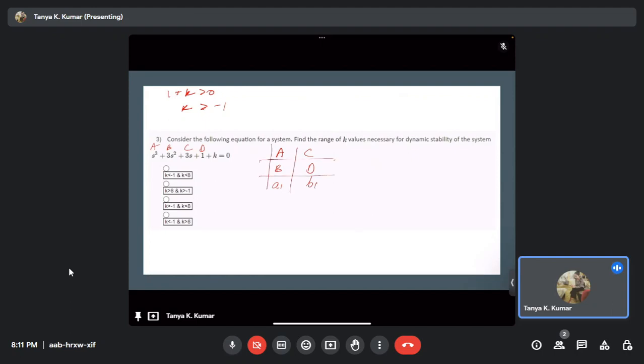So a and b already are positive. You have to find out a1 and make sure a1 is positive. What is a1? A1 is 1 by b determinant of a c, b d. Okay, so find this out and make sure that a1 is positive.